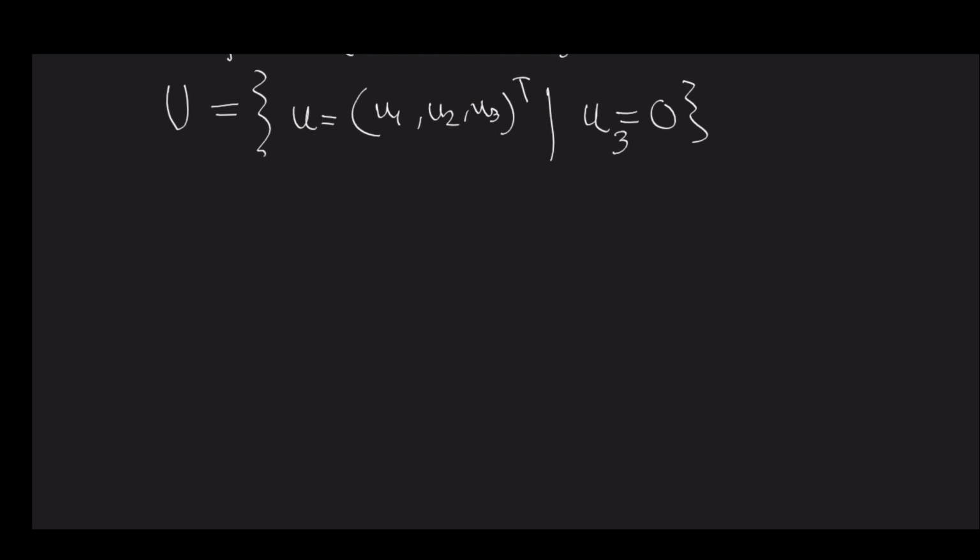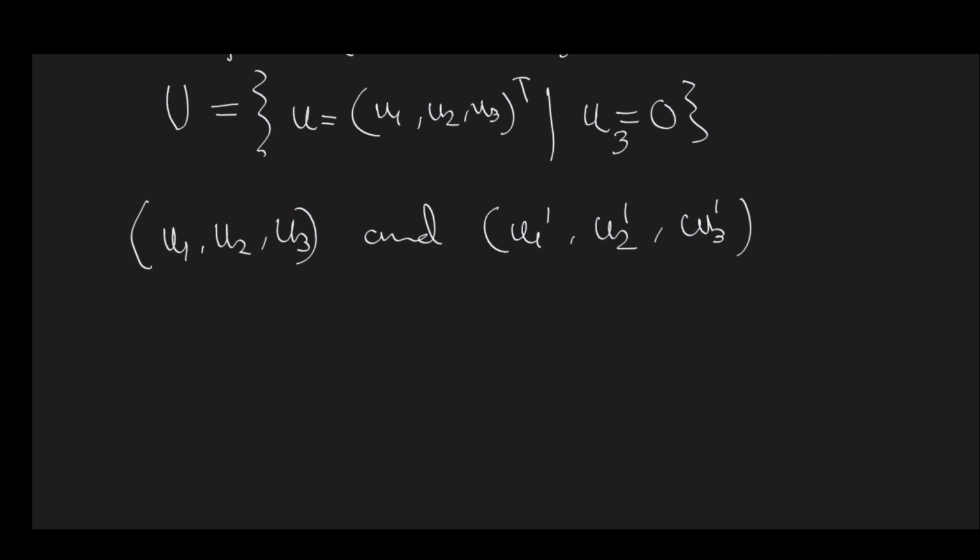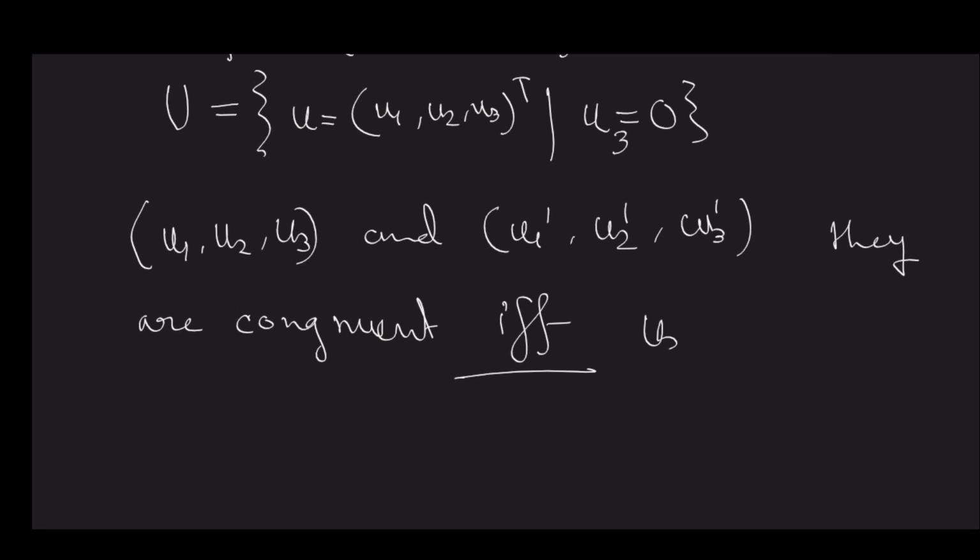Now if we pick up two distinct vectors, they will become congruent if U3 is equal to U3 dash.